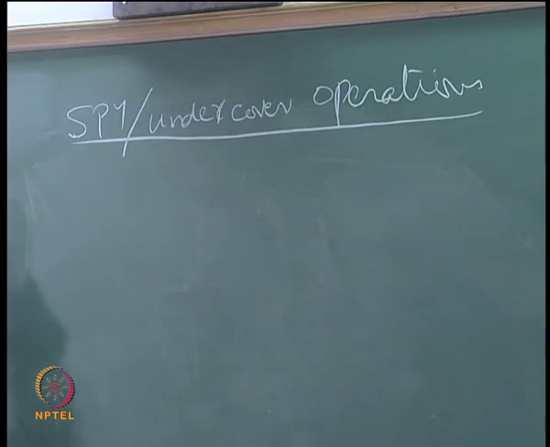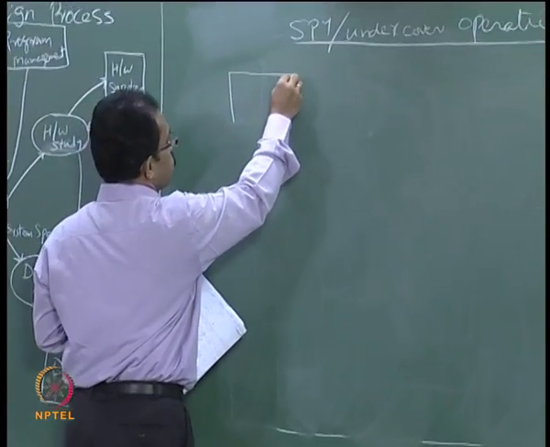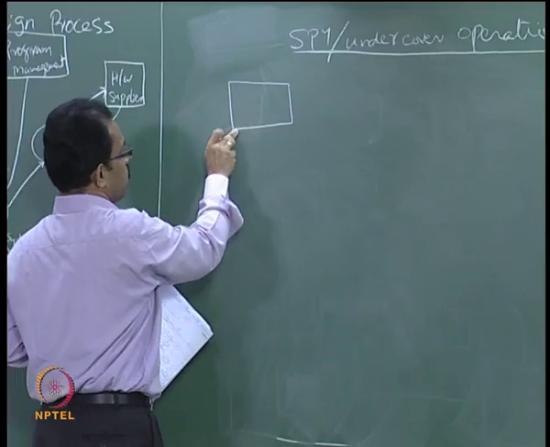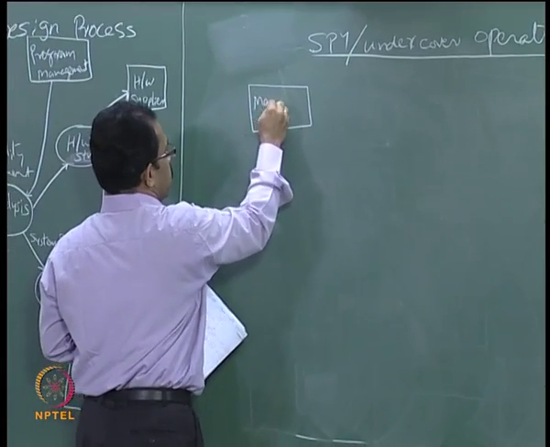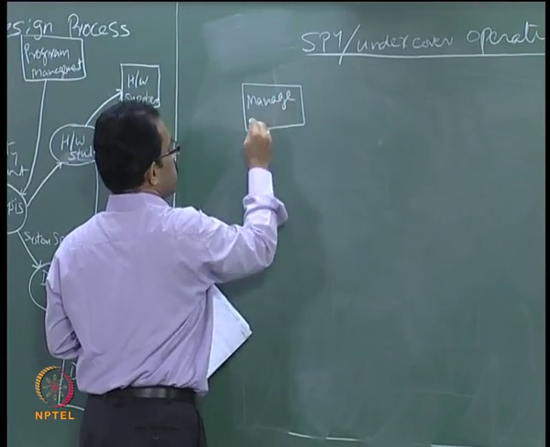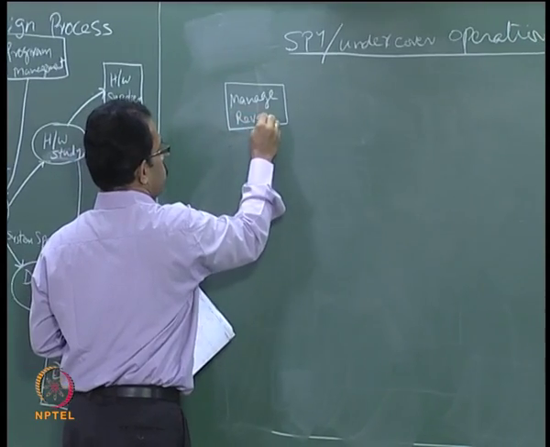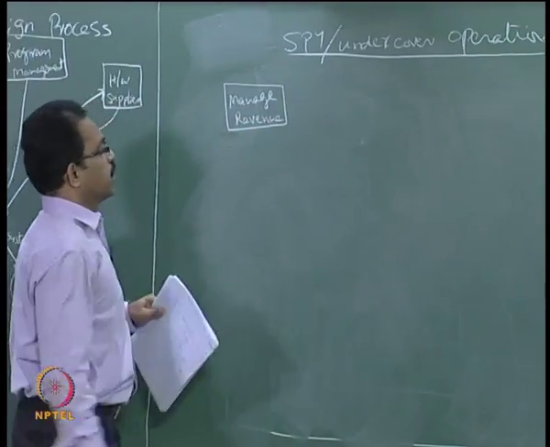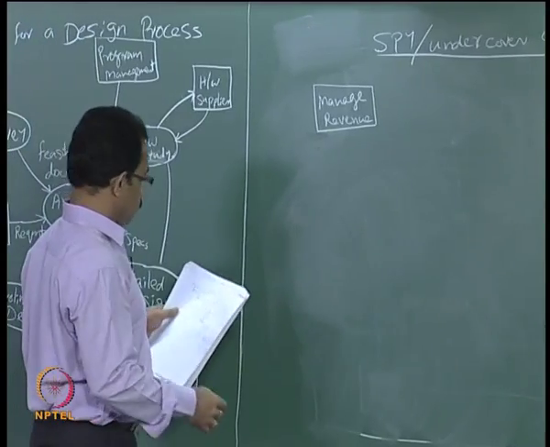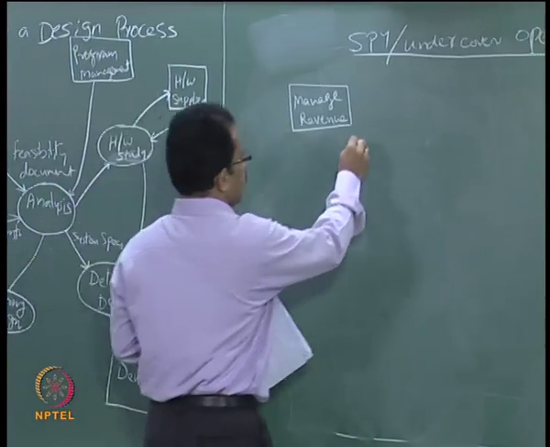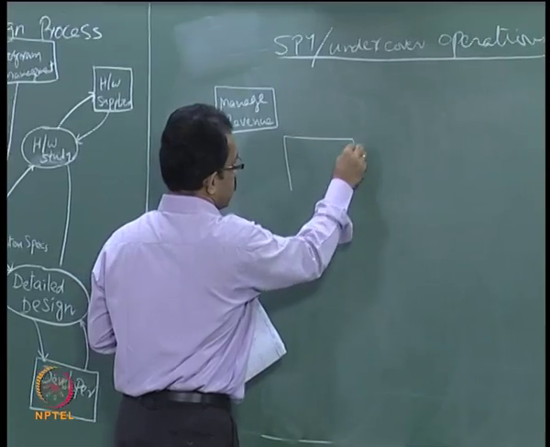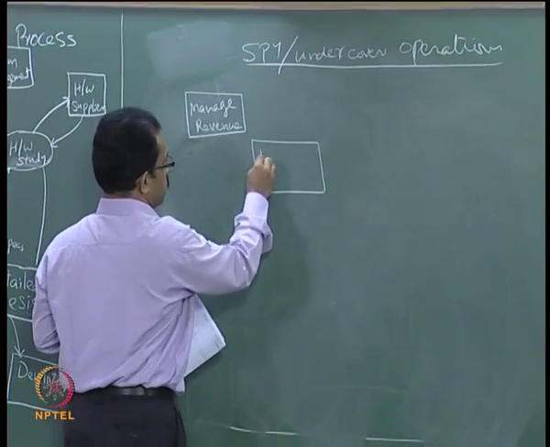Basically there will be a function to manage their revenues. Whatever the operation may be, there should be an entity which manages the revenues of this organization or process. Then there will be another function where they plan their operations.